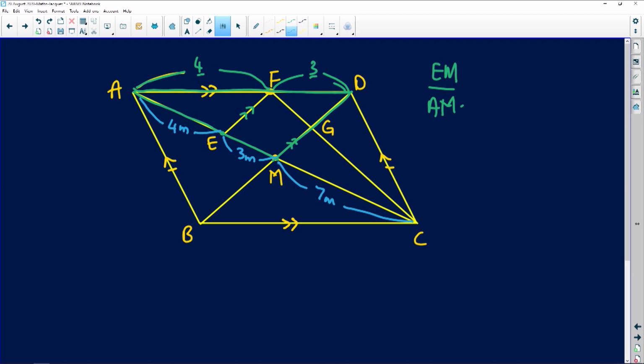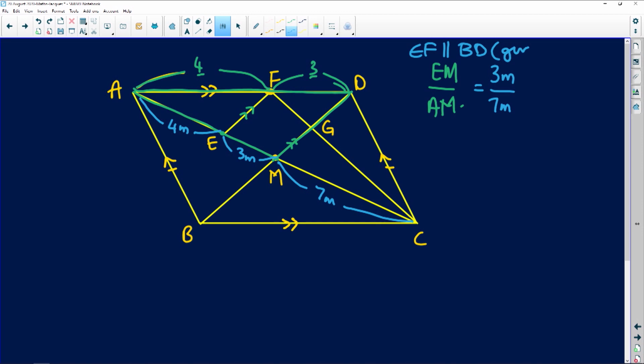So now they're asking me for the length for EM over AM. EM is that little one over AM. So I can say that that is 3m for EM over AM, which is 7m. And my reason here is I can actually start off by saying that EF is parallel to BD.